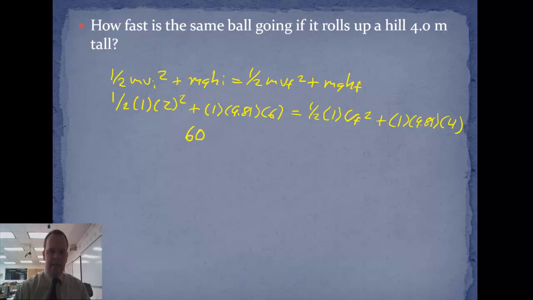I know that this ends up as 60.86 from the previous problem equals half v final squared plus 39.24.